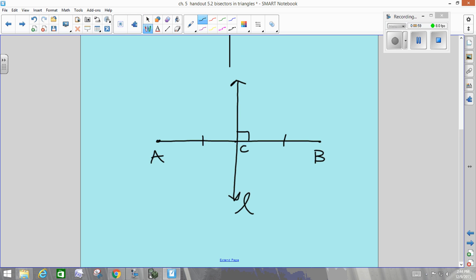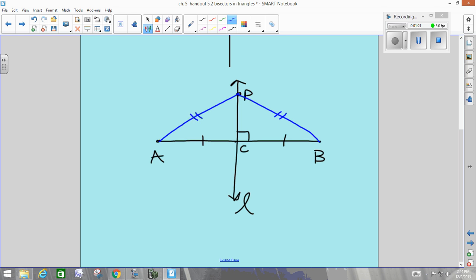So this is the hypothesis part of it. If you have a point on the perpendicular bisector of a segment, then here's your conclusion: that point is equidistant from the endpoints of your segment. So the distance from P to A has to be the same as P to B. Those would be equal lengths.